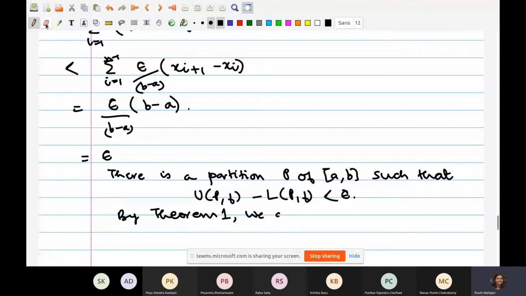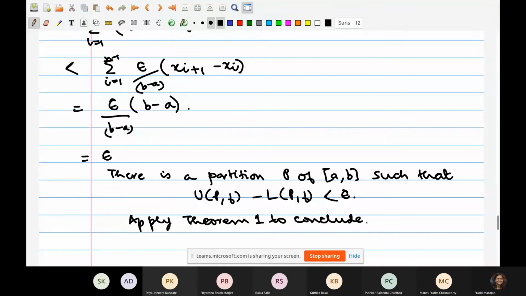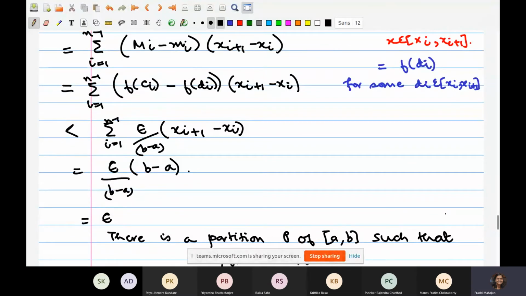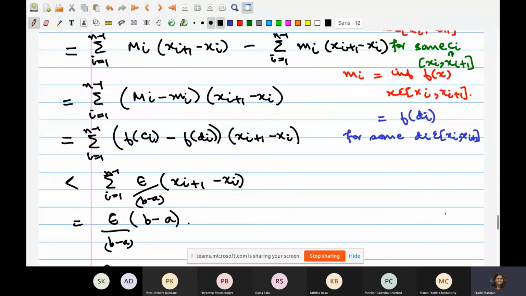So I'll just say apply theorem 1 to conclude. So, the uniform continuity of f plays a very, very critical role.